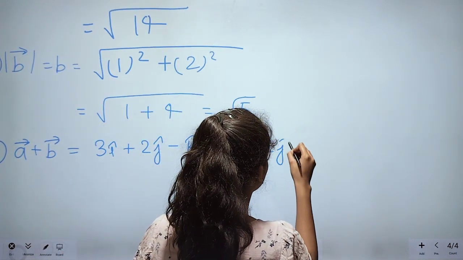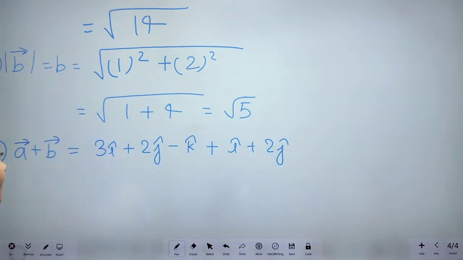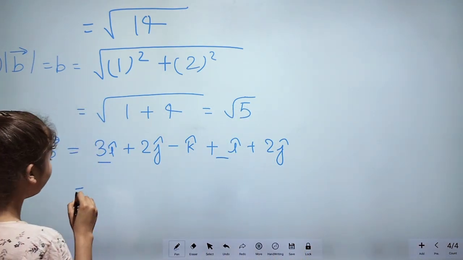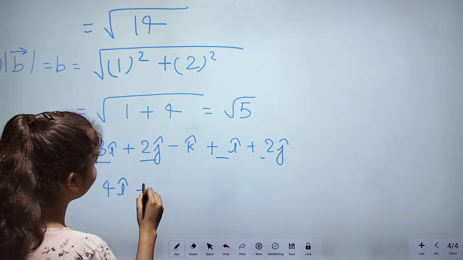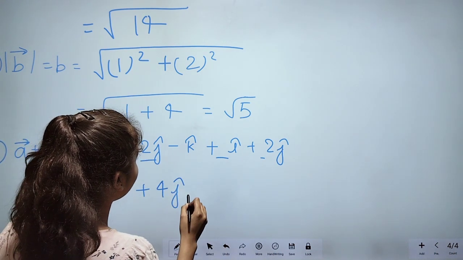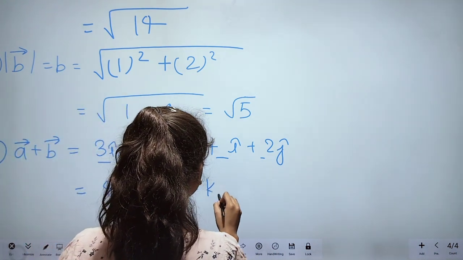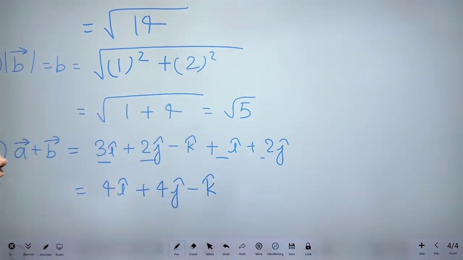So add like i cap with i cap, that is 4i cap, plus j cap plus 4j cap, and here is minus k cap. Okay.